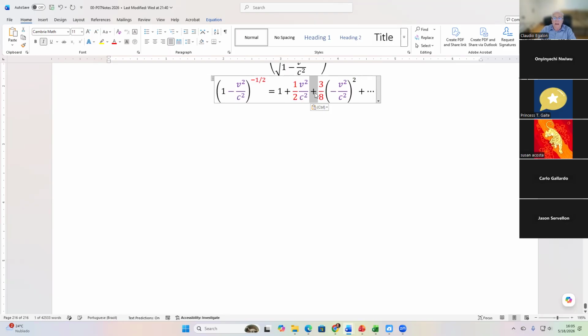This positive sign multiplies this negative sign that you see right in here. And now v squared over c squared becomes v to the fourth power divided by c to the fourth power. And that's the second order approximation.